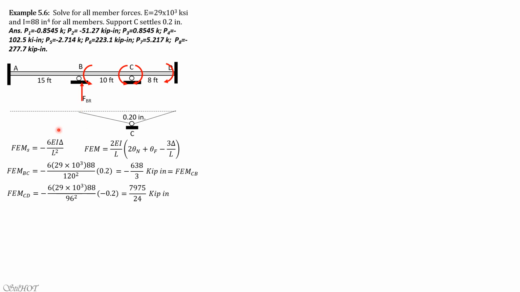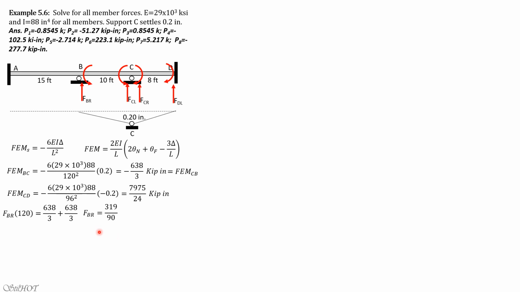So for FBR, summation moment about C equals 0, FBR times 120 inches. Remember that we have to change this to inches. Then it is equal to 638 over 3 plus 638 over 3. So FBR times 120 equals 638 over 3 plus 638 over 3 because these are all clockwise.